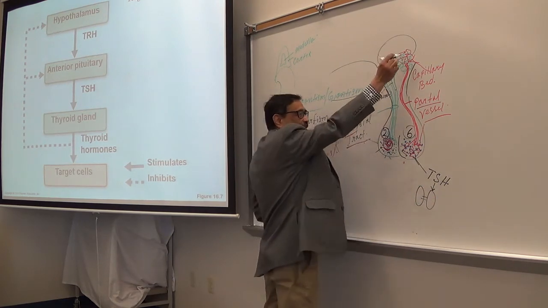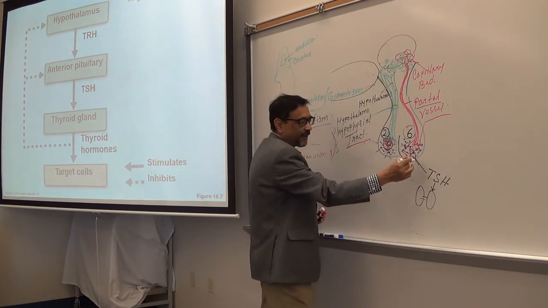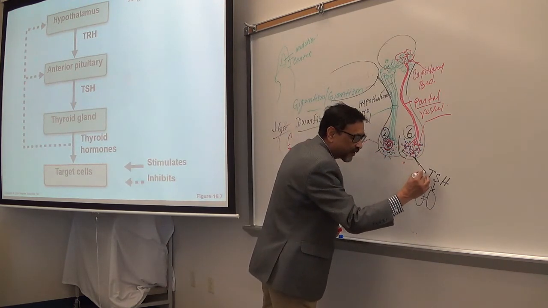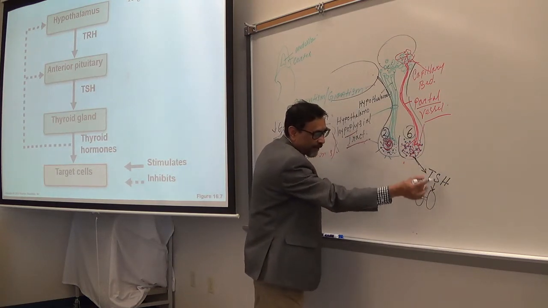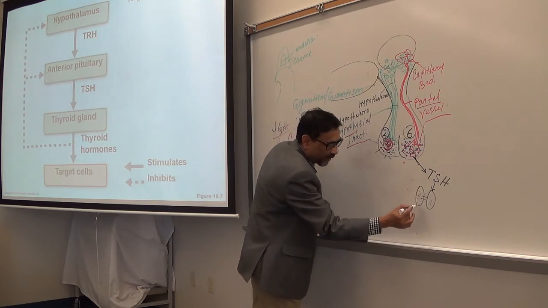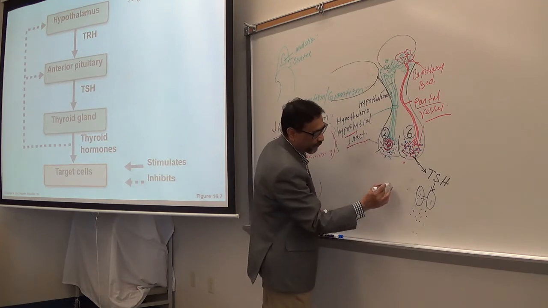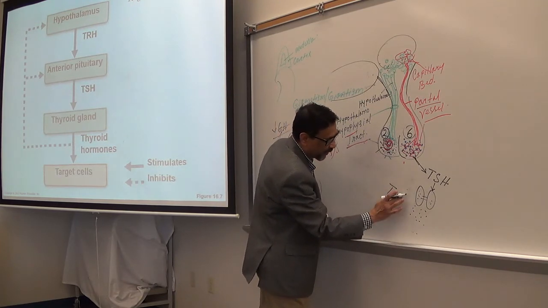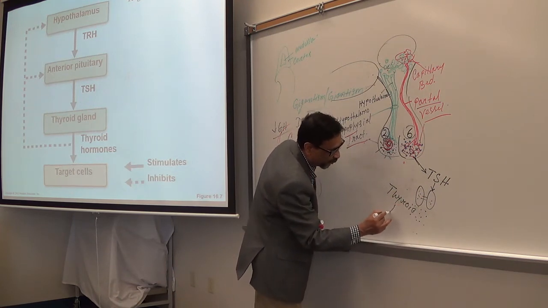The hypothalamus sends a signal to the anterior pituitary. The anterior pituitary releases thyroid stimulating hormone. It is taken by the blood to the thyroid gland, and then the thyroid gland will release thyroid hormones, for example, thyroxine.